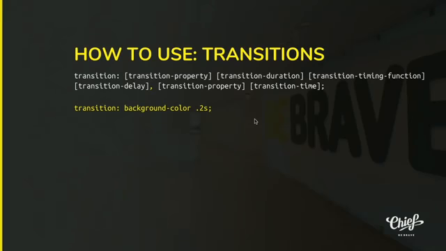So here you can see this is the full syntax. You can include all of these different settings on your class. But all you really need, again, is the property that you're changing and how long you want it to take. So what I usually set this on is, say, button hover or on input focus.